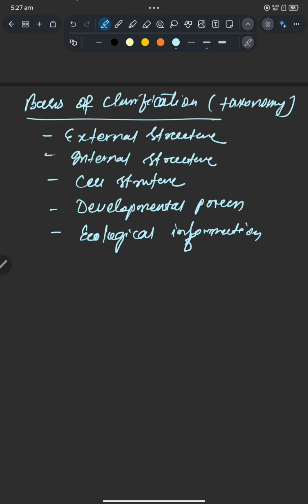So the taxonomy is based on these criteria.